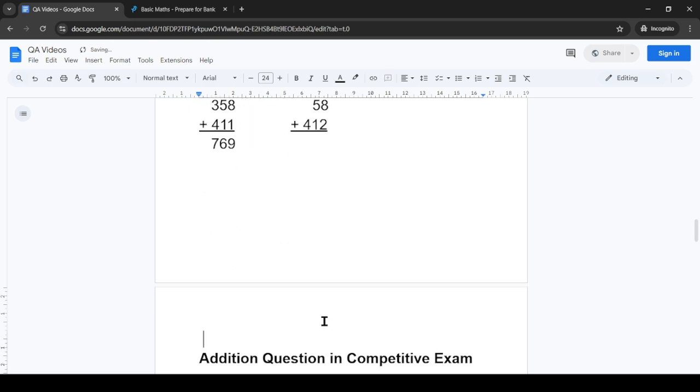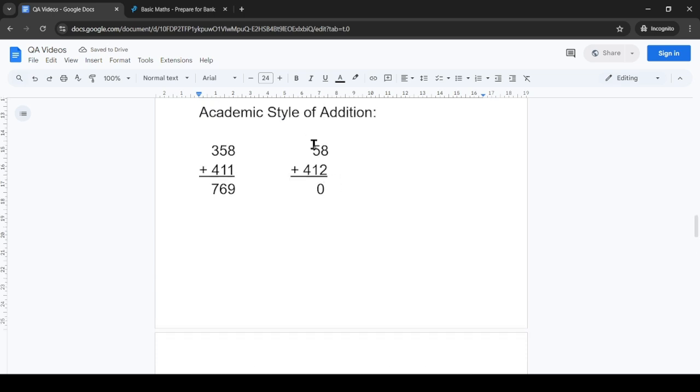So for that we will place 0 over here, and the 1 from the 10 will come on top of the next number.